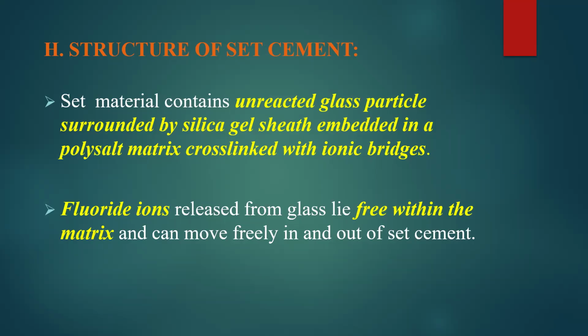This GIC will act as a fluoride reservoir. Whenever there is an ionic imbalance, whenever the surrounding area has more demineralization, the fluoride from the GIC will go to that area, supply fluoride, and promote remineralization. And by this exchange of fluoride, the GIC will act as a fluoride reservoir, and that is the main role of fluoride. So every component in the powder and liquid has a very significant role in GIC.